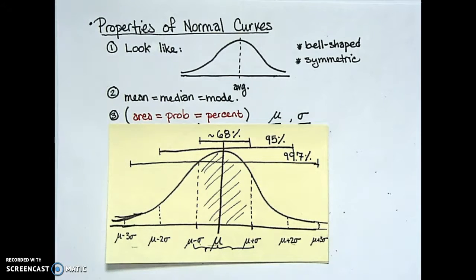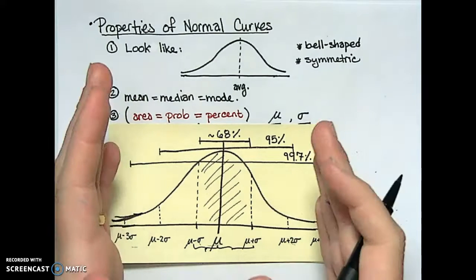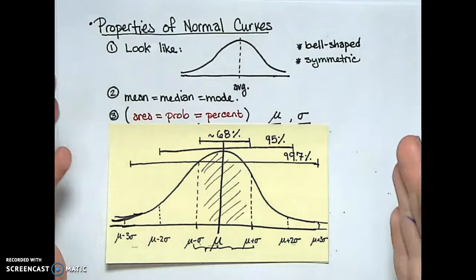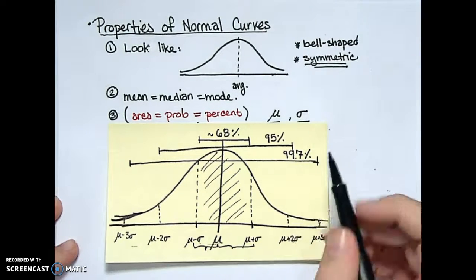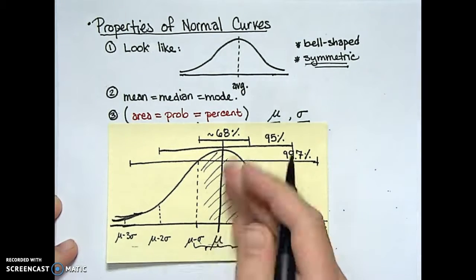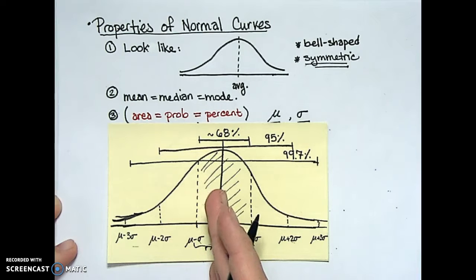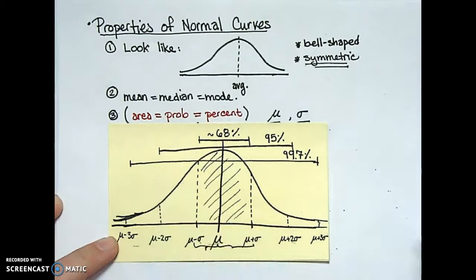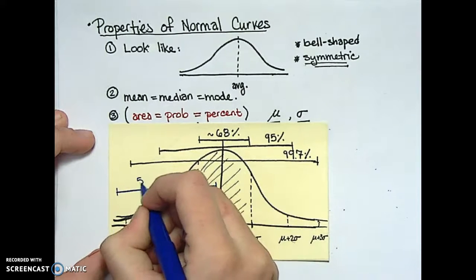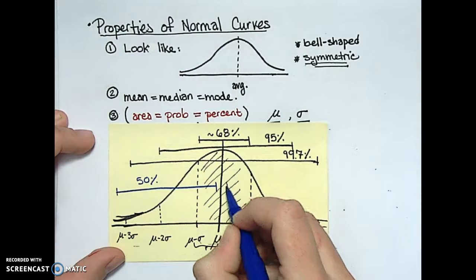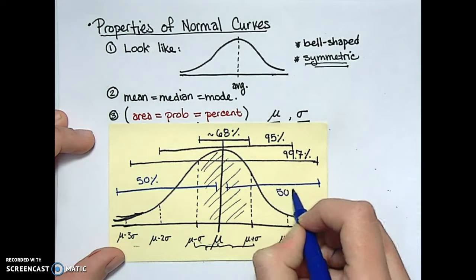Now, as we discuss these large numbers of how much is within 1 standard deviation or 2 or 3 standard deviations of the mean, it's helpful to remember the fact that this curve is symmetric. So if I have the average in the middle, that means that 50% of my data values are on the left-hand side. So I'll say that this has 50% of the area and 50% of my area is here.